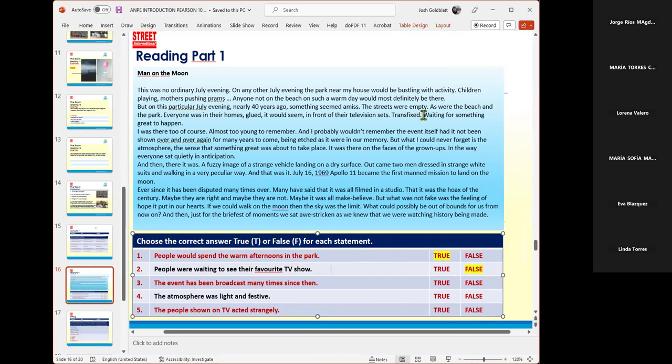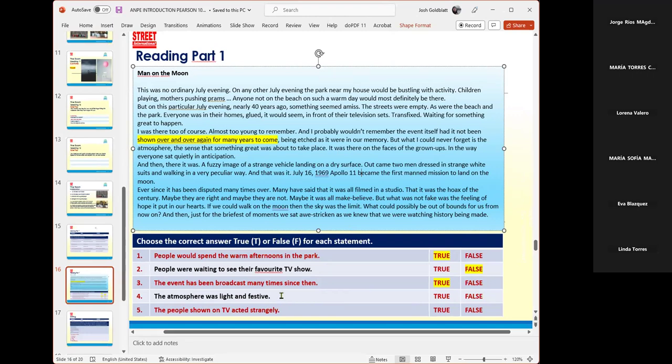They were waiting to see something amazing, something great. Okay? The event has been broadcast many times since then. True or false? True. Been shown over and over for many years to come. Good.